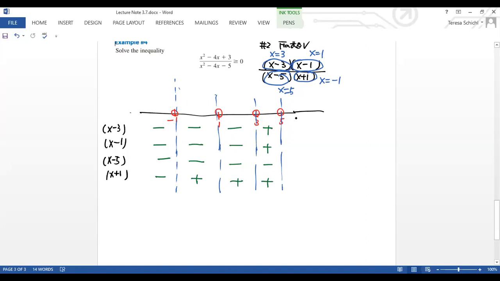Choose something greater than 5, say 6: 6 minus 3, positive; 6 minus 1, positive; positive, positive. Now you do the multiplication of the signs. So negative, negative, negative, negative. So this is a negative, right?